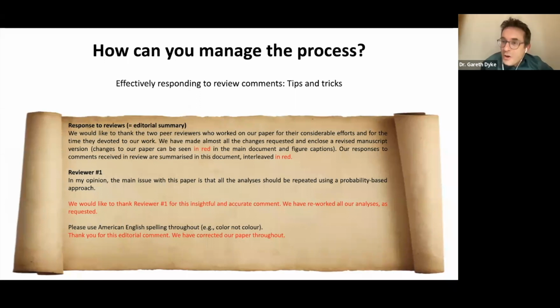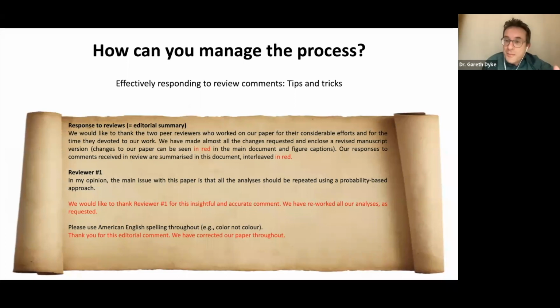And then when comments come back to you on your work from the peer review process, there are a number of key things that you can do to enhance your article's chances of acceptance by providing a comprehensive, polite, well-argued, well-reasoned response to those peer review comments.